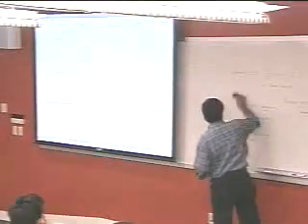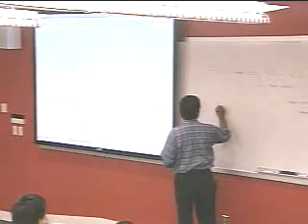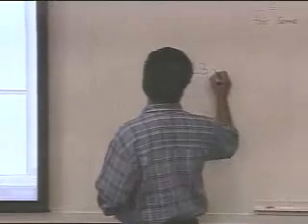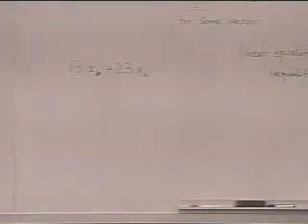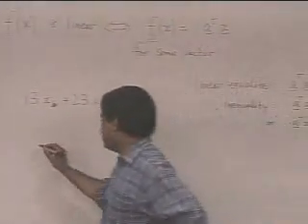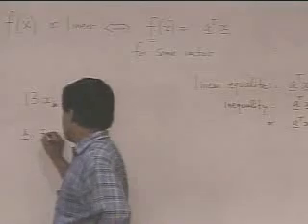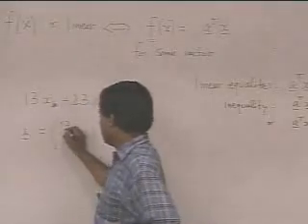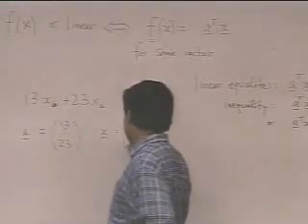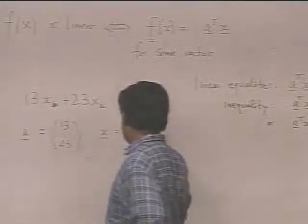If I'm saying that the objective function looks like 13xb plus 23xa, and I'm claiming that this is a linear function, and I've told you that a linear function looks like A transpose x, what is the vector A here? 13 and 23. And the vector x is simply xb, xa. Correct. Right.